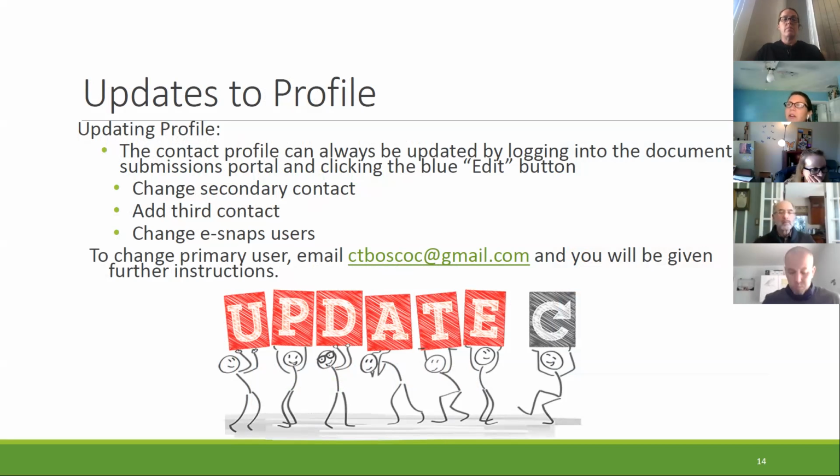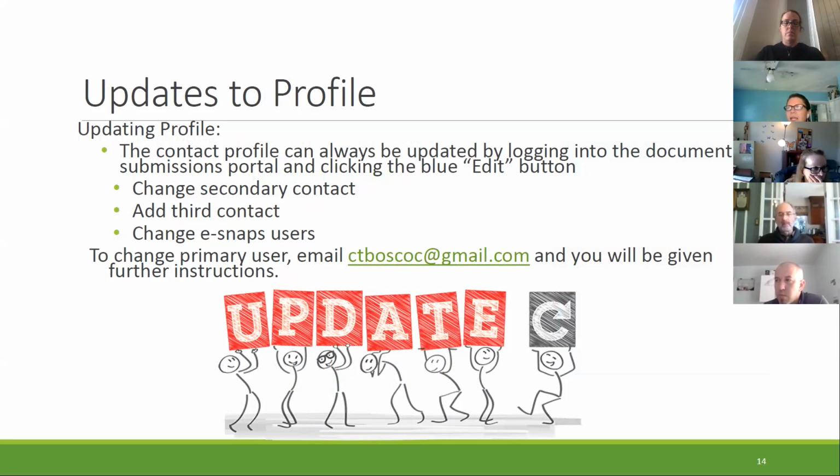Updates to the profile. The contact profile can always be updated by logging in to that same URL you were given before and clicking the blue edit button. This way you can change the secondary contact, add or change the third contact, change eSnaps users, any of those items. The only thing is if you're changing the primary user, so then you would also change the login email.